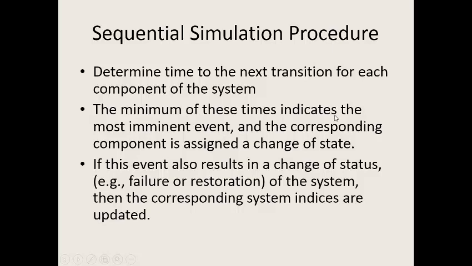So the minimum time will decide when the next transition will happen. For example, if a component, say 5, has the minimum time out of all the times to failure, then component 5 will fail first, and therefore the system will change its state by the failure of component 5.